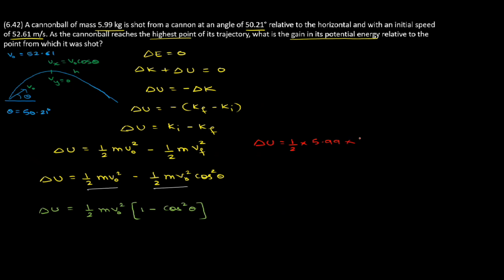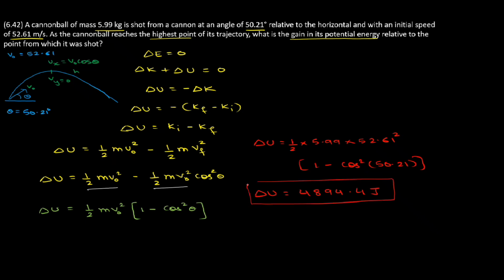V initial is 52.61 squared, bracket 1 minus cosine squared. The angle is 50.21. Now when you substitute and calculate, the answer comes out to be 4894.4 joule. This is the gain in potential energy at that point.